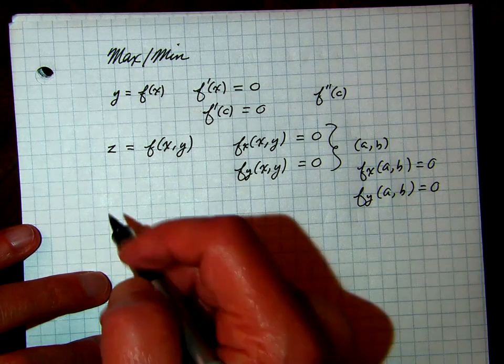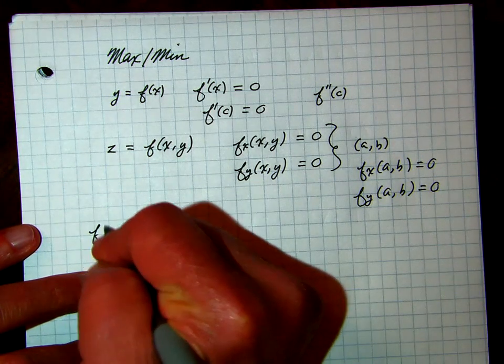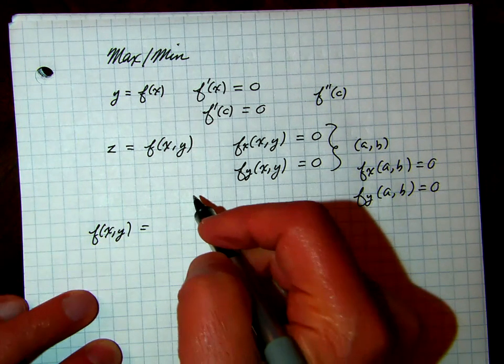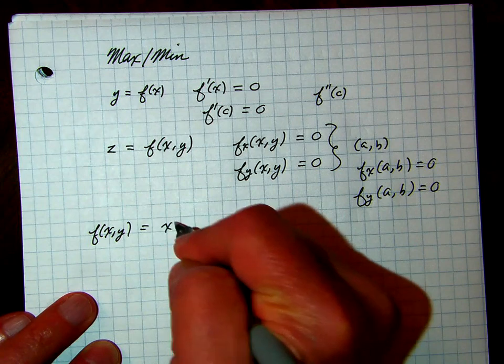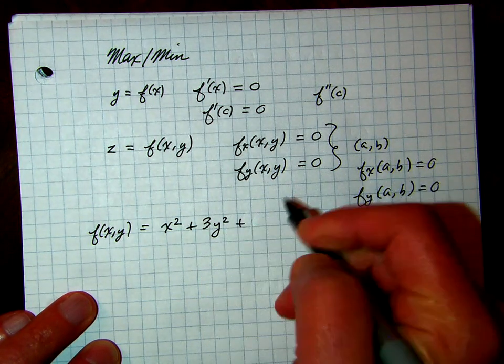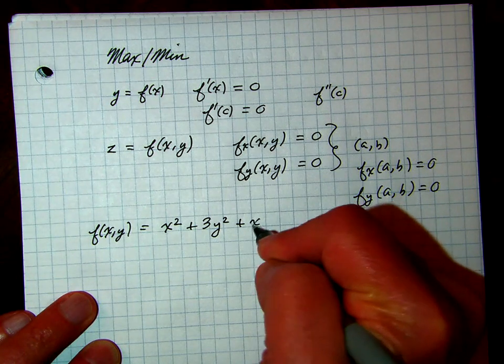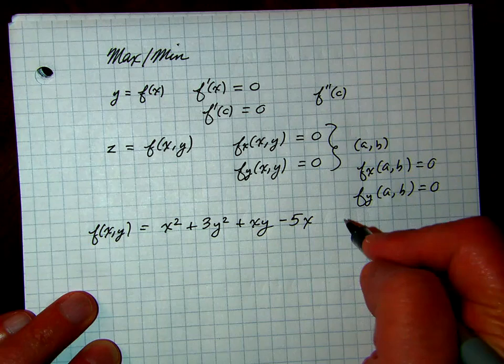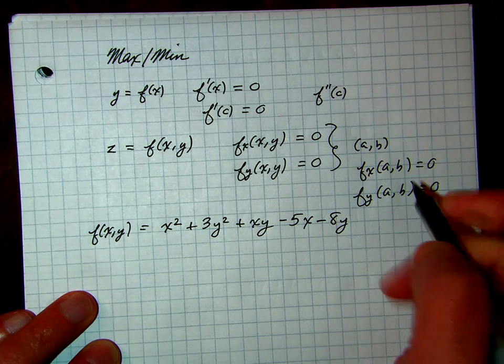Let's suppose that f of xy is given by x squared plus 3y squared plus xy minus 5x minus 8y plus 9.